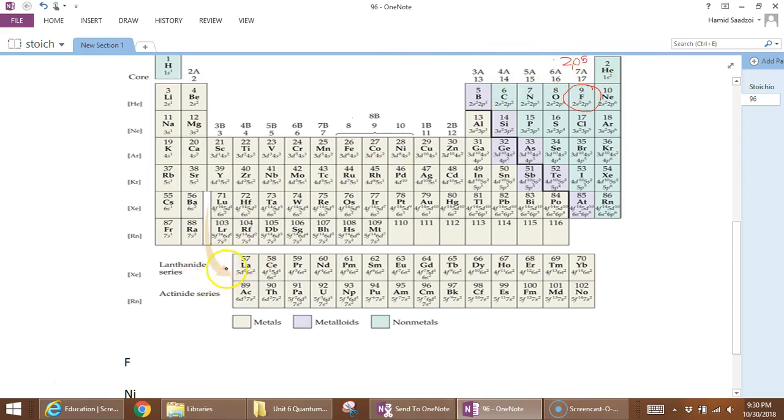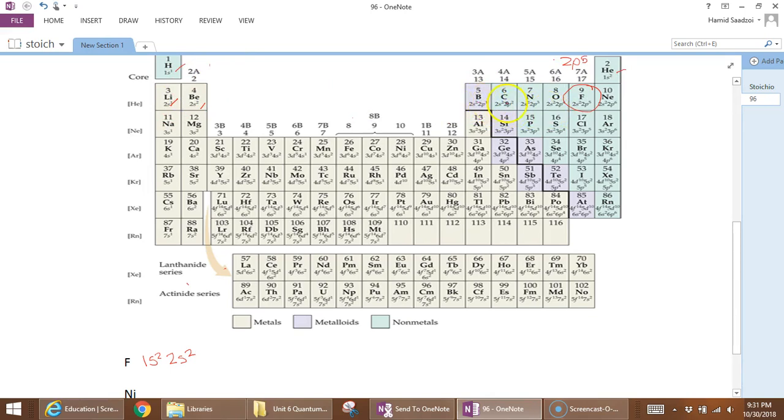So for fluorine, we're going to start at 1s2, 2s2. All I'm doing is following the periodic table. I'm going from 1s1, then I'm going to 1s2, then I'm going to 2s1, 2s2, and now I'm into 2p's.